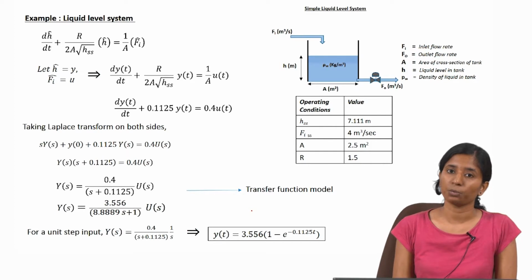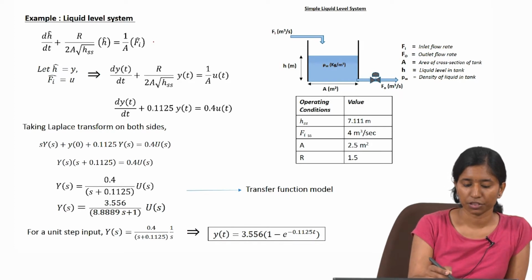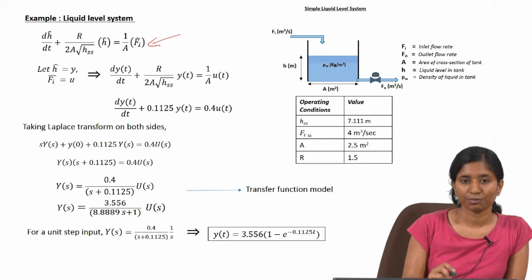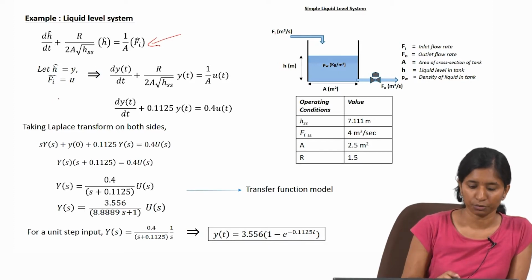So, let us see how we can apply that to our liquid level system. The liquid level system, the differential equation in terms of the deviation variable is this one. For the sake of explanation, I have defined h hat equal to y and F i hat equal to u.